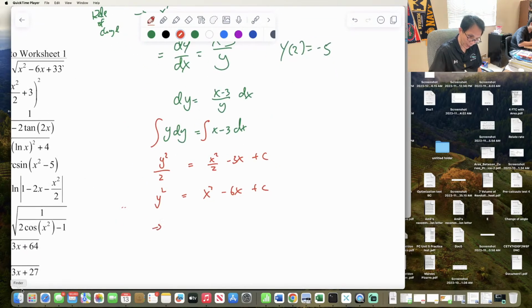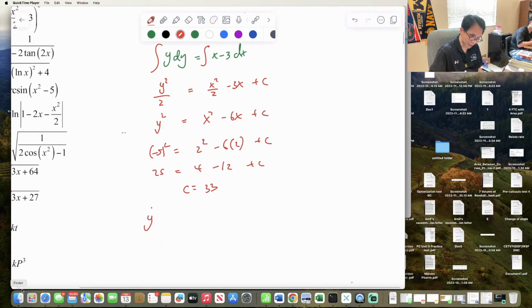Now, negative 5 squared is equal to 2 squared minus 6 times 2 plus c. So it'll be 25 is equal to 4 minus 12 plus c. c is equal to 33, I believe. Yeah. So y squared equals x squared minus 6x plus 33.